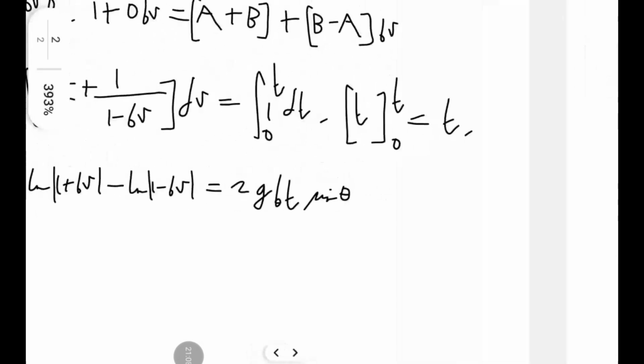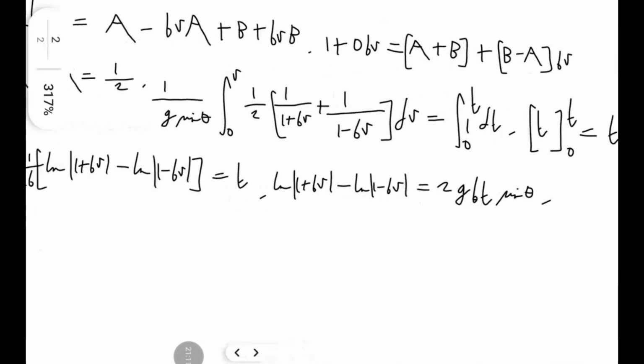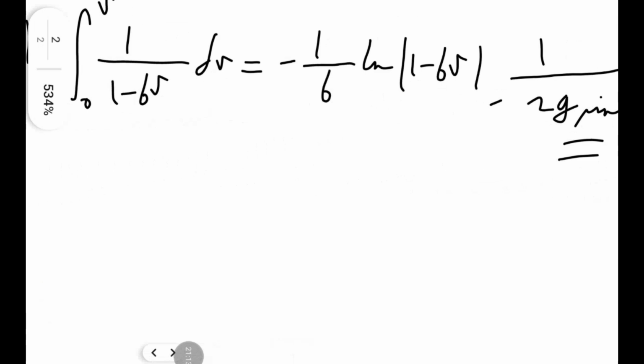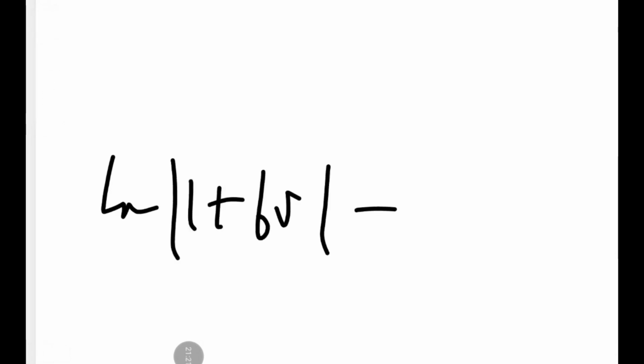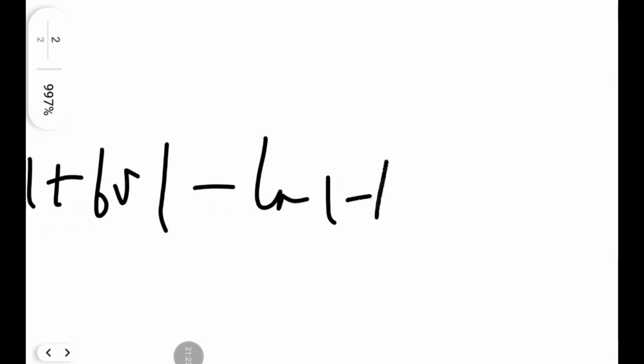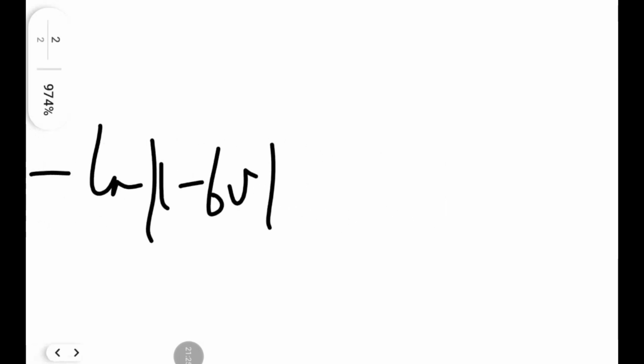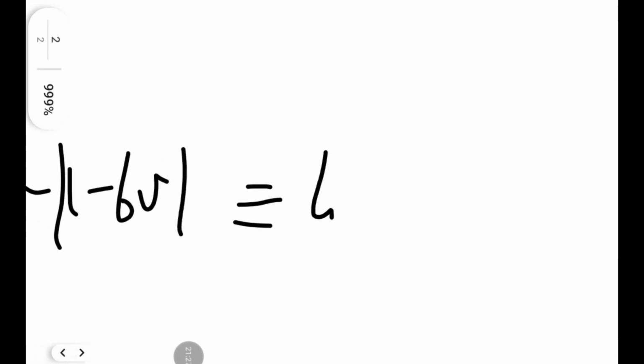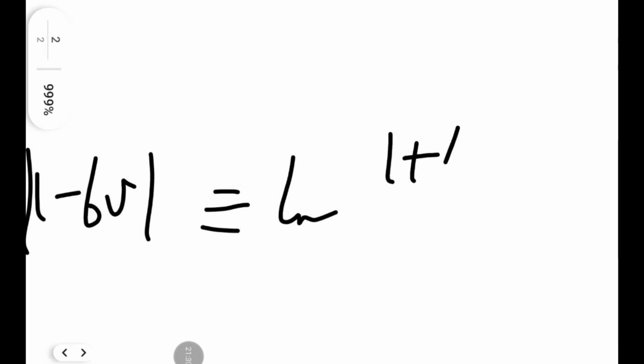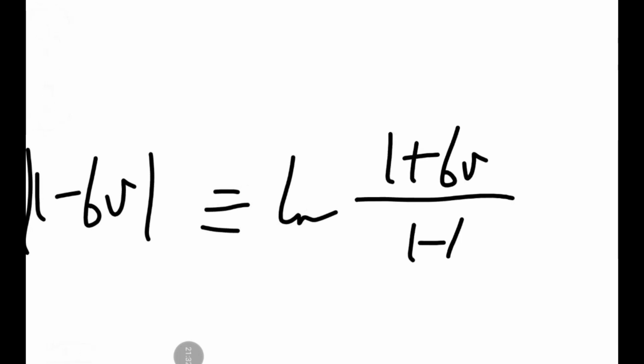And now we need to use logarithm rules. We know that ln of 1 plus bv minus ln of 1 minus bv is identical to ln of 1 plus bv over 1 minus bv, like that.